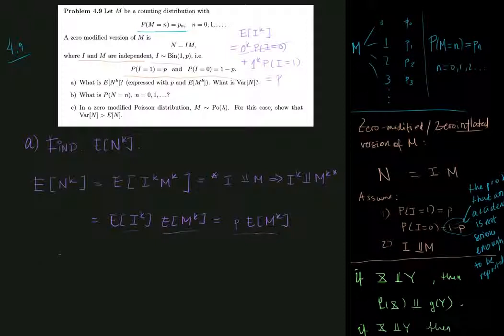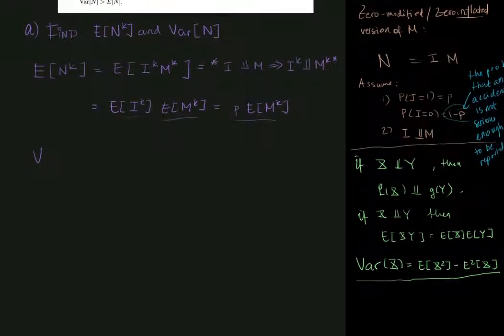Okay, so the second part asks us to find the variance of n. So we are asked to find the kth moment of n and also the variance of n. As we noted earlier on, the variance of a stochastic variable is given as its second moment, so the expected value of n squared, minus the square of its first moment.